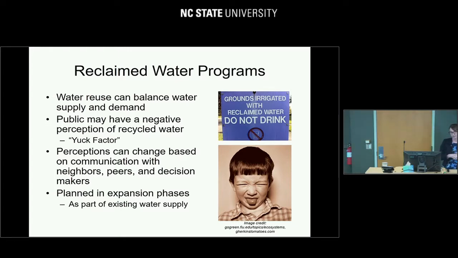So that yuck factor adds a dimension of overcoming that in order to adopt water reuse. But research shows that perceptions can change over time based on familiarity with water reuse or campaigns or seeing other people use this.